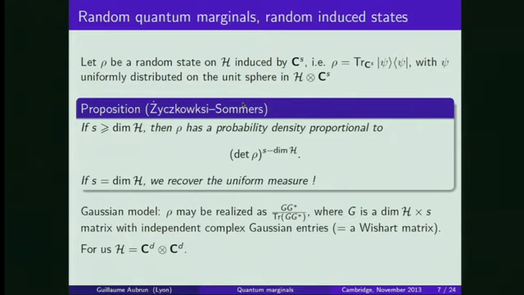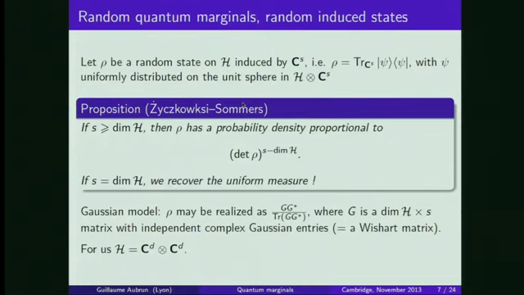And you may ask what is the distribution of this random mixed state. As long as the dimension of the environment is larger than the dimension of H, you will typically obtain a state with full rank.